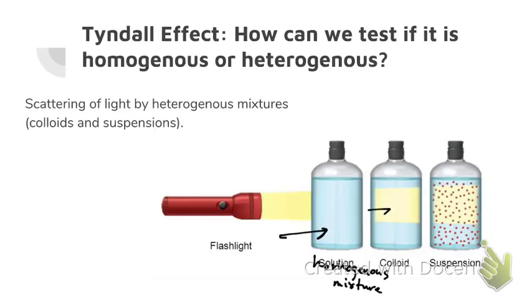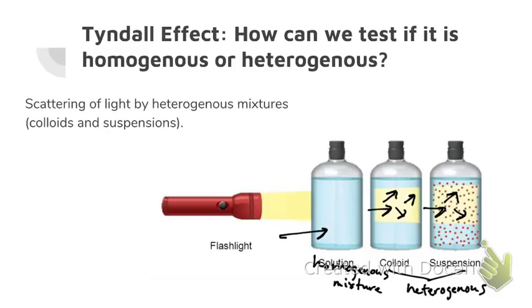But in a colloid or a suspension, remember these are both heterogeneous, the light scatters. It scatters because it actually hits the different solutes, the particles that are in the mixture, and it bounces off, and so you get this broad band of light.